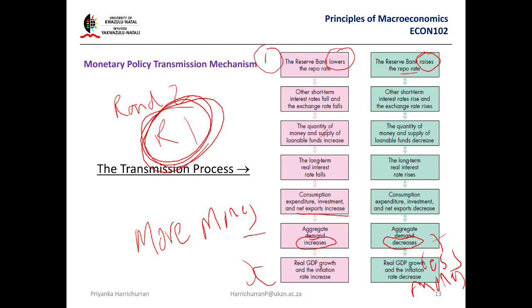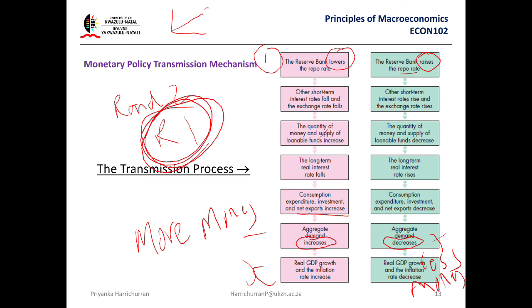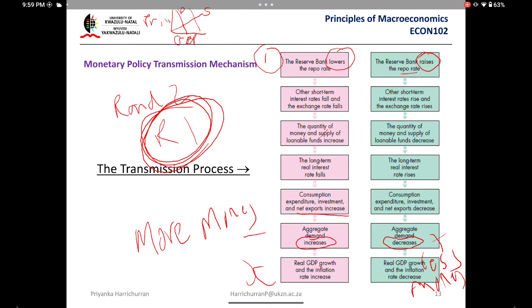And at the end of the day, if demand increases, what happens? The way you represent this in the graph is very, very simple. I'm just going to draw it over here. So you've got your supply curve, you've got your demand curve. This is the price level on the y-axis, and this is GDP. If demand increases, what happens to price?